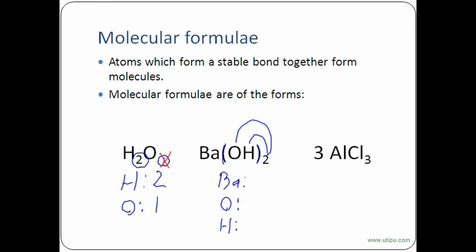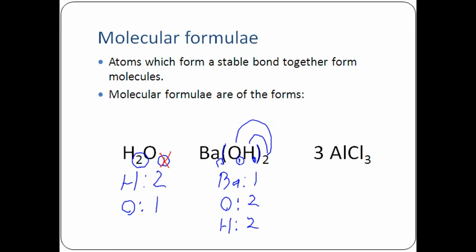There's no number after barium, so there's just 1 barium. Oxygen has no number after it, but since there is the 2 that talks to everything in the parentheses, that means there's the implied 1 there. 1 times 2 gives you 2 total. Same thing for the hydrogen. There's no number after it, so the implied 1 times 2 gives you 2. So that means there's 1 barium, 2 oxygens, and 2 hydrogens.